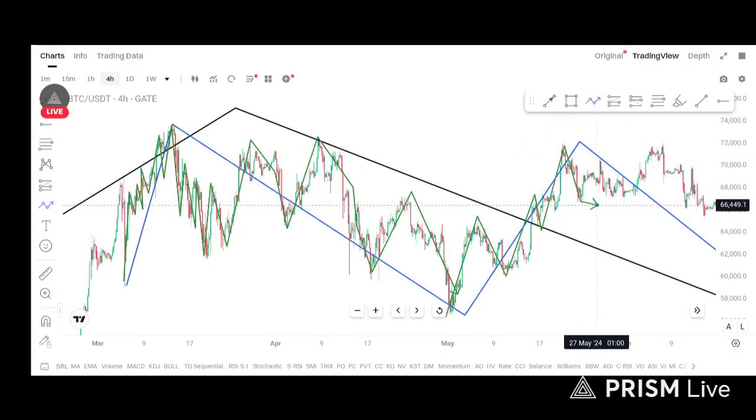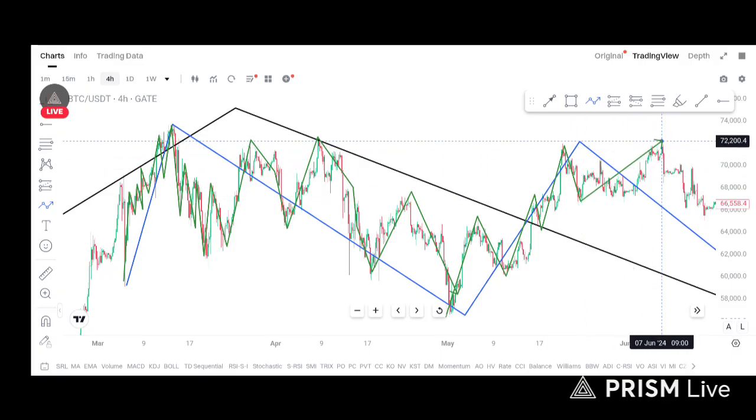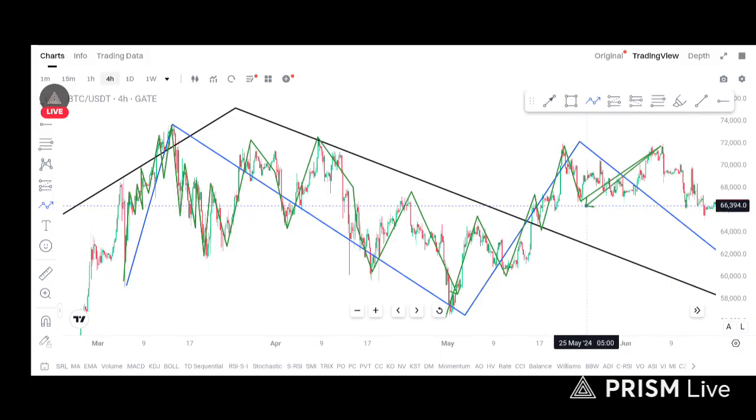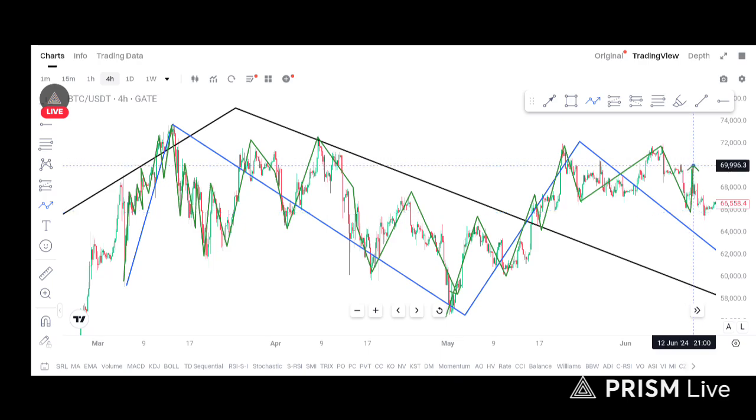When it started pulling back, it started forming a downtrend. Yeah, it broke that low. It started forming a downtrend.